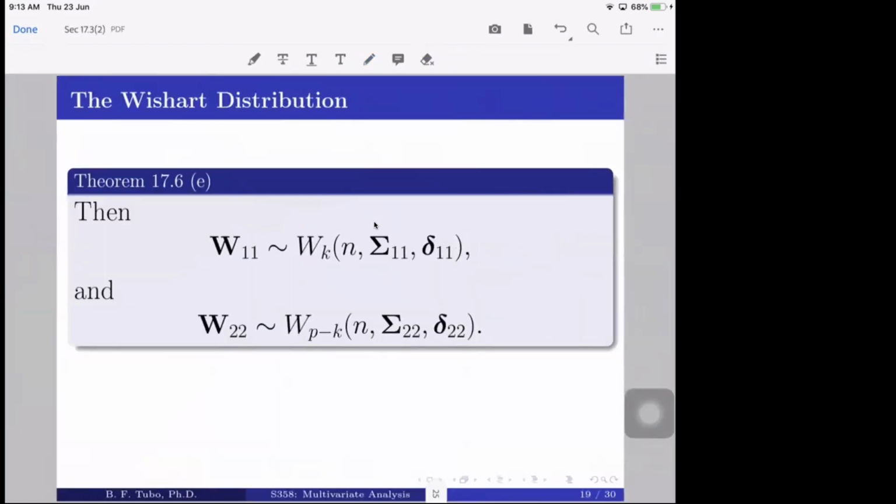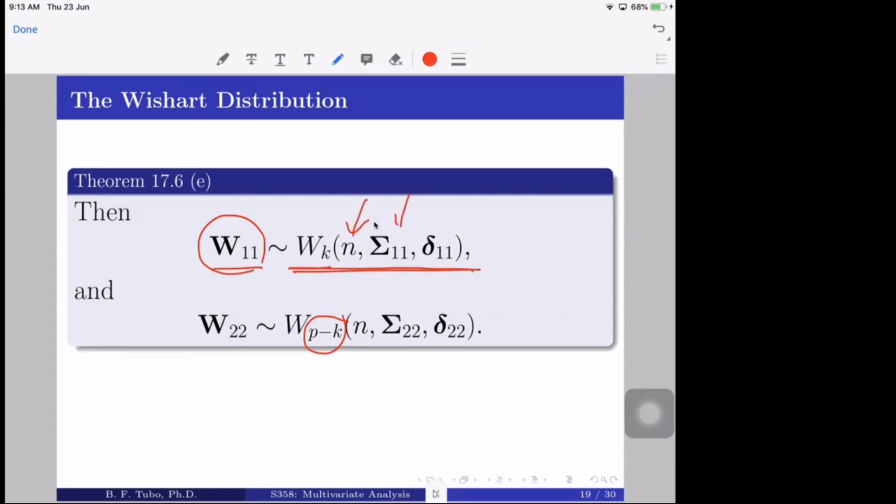Okay. You have here a marginal. The marginal distribution is still Wishart. So if we have a whole matrix which is Wishart and we partition it, the blocks are still Wishart. So W11 is still Wishart with parameters sigma 11 and delta 11, and W22 is still Wishart with these parameters.